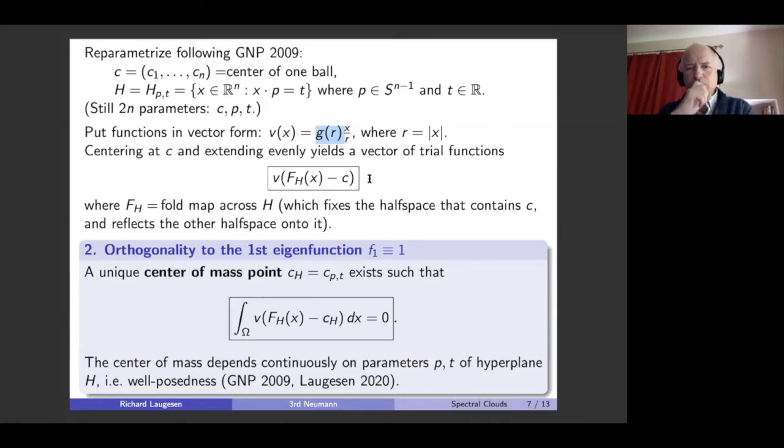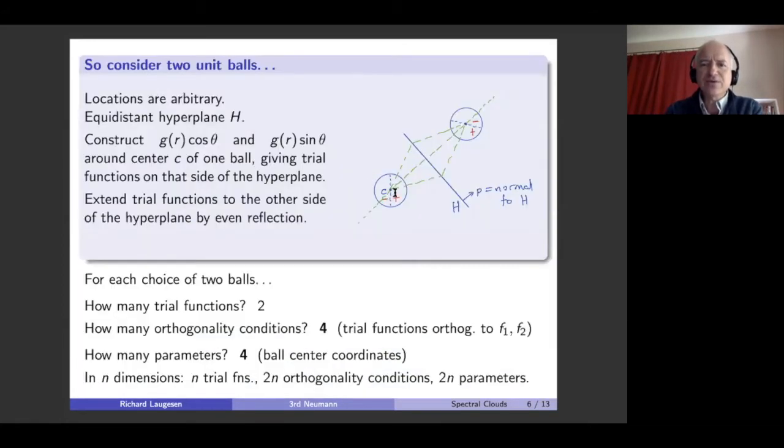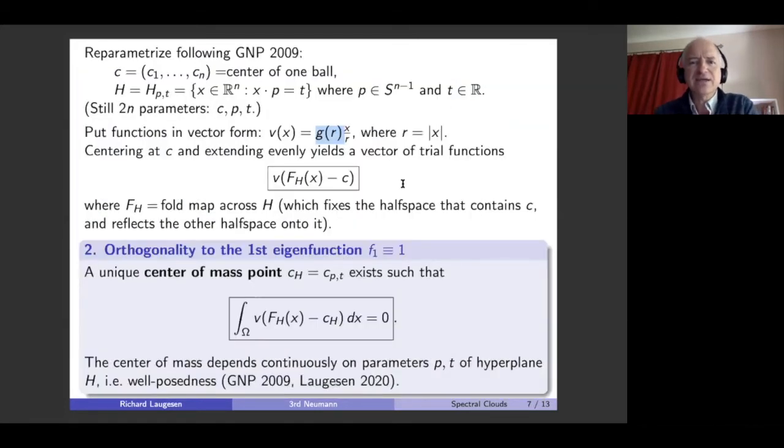Okay, so what are we doing then with this construction on the previous page? You see we're centering around this point C here, and then we're extending, and then we want to reflect. And a compact way of writing that operation of extending and reflecting is the centering by the minus c. So I've centered our vector field at that point c. And then FH is a fold map that enforces evenness across the hyperplane.